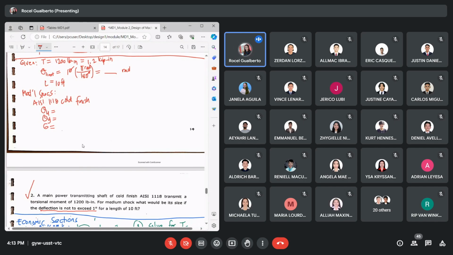So, yan po yung mga values natin for material specification. Tapos po, you follow na yung ibang procedure: factor of safety, design stress.